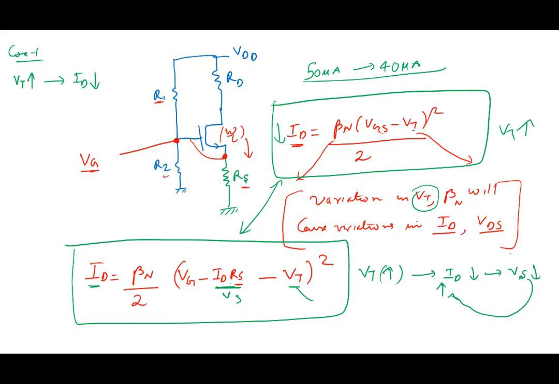It is counteracting the effect of Vt. A change in Vt would tend to cause a decrease in current, but a decrease in current would cause this Vs to decrease, and a decrease in Vs has an effect of increasing ID. So a negative feedback loop has been put here.